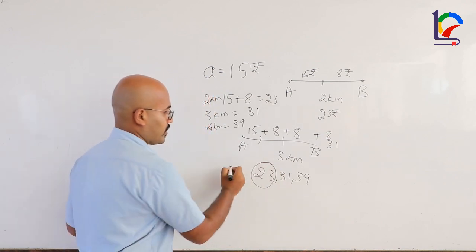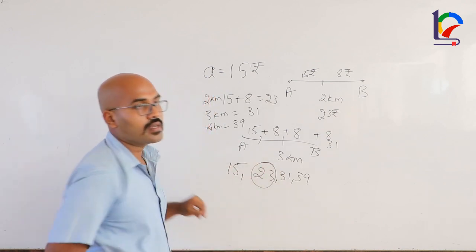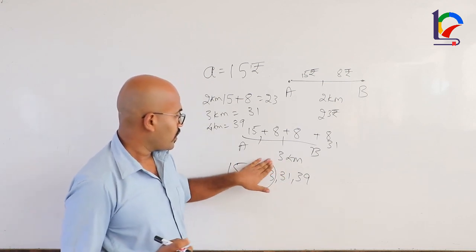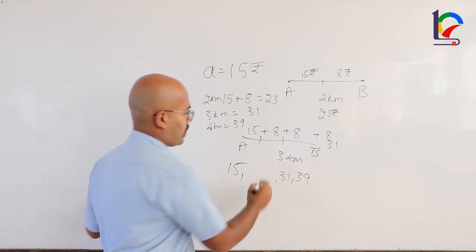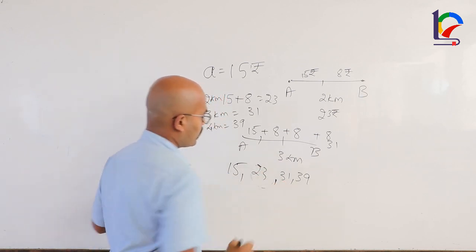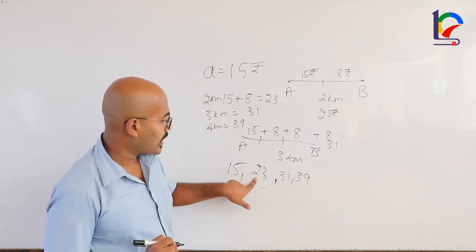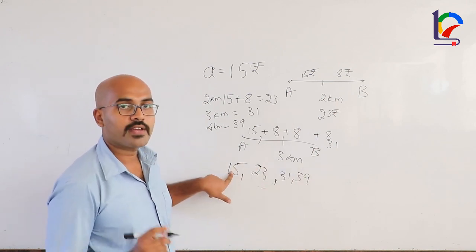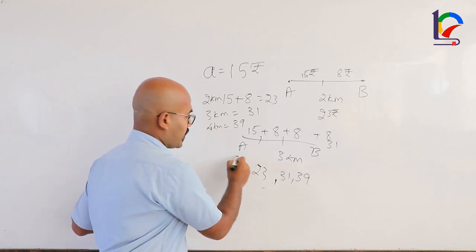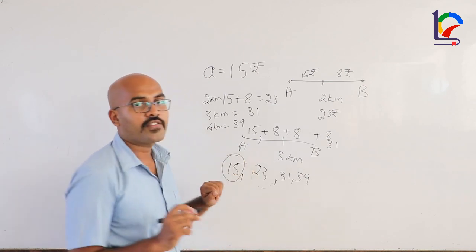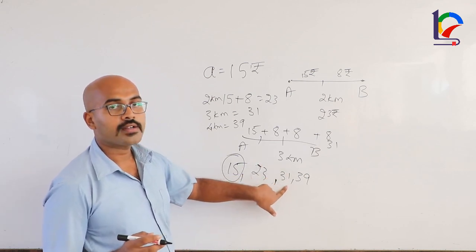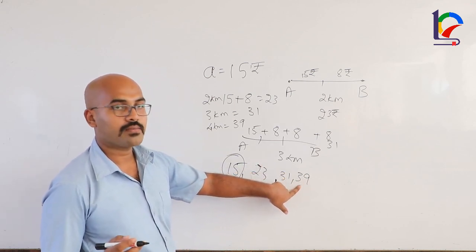Before this it is 15, because from 0 to 1 kilometer you will be paying only 15 rupees. So for the first kilometer you pay 15 rupees, so A is 15. For the second 23, for the third 31 and for the fourth 39 rupees.